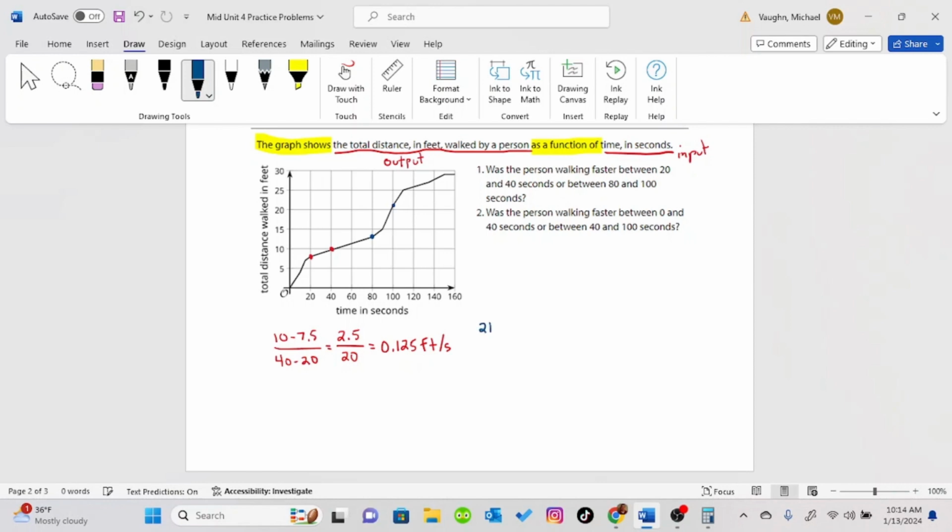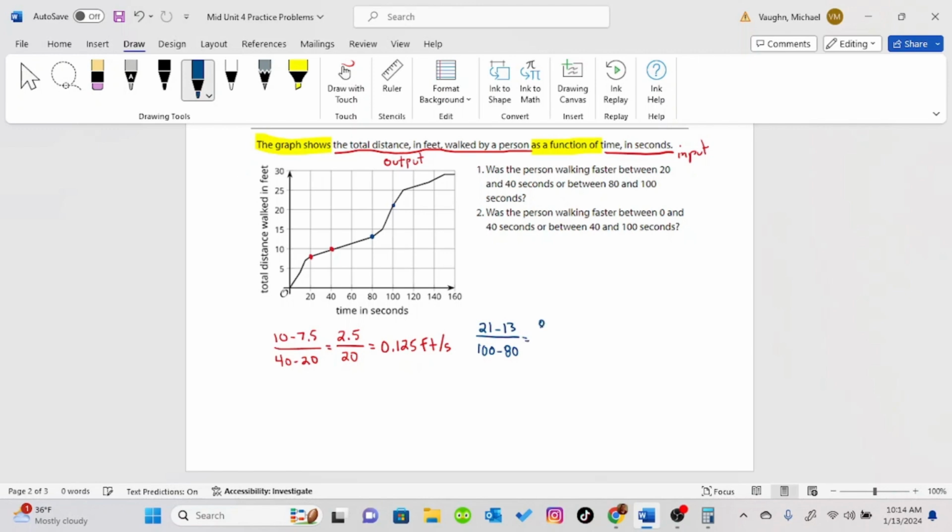So this could be 21 minus 13 for the change in y. And again, this was in 20 seconds, 100 minus 80.